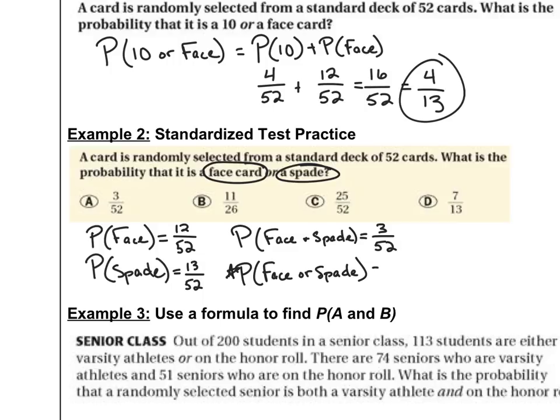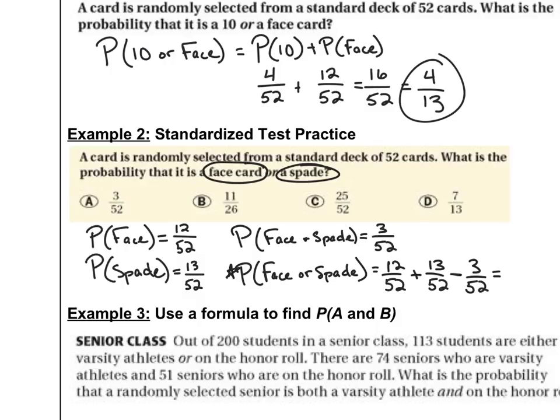And to figure out a face or a spade, we simply take the probability of a face plus the probability of a spade, but then we have to subtract what they have in common. So we would subtract 3 over 52.